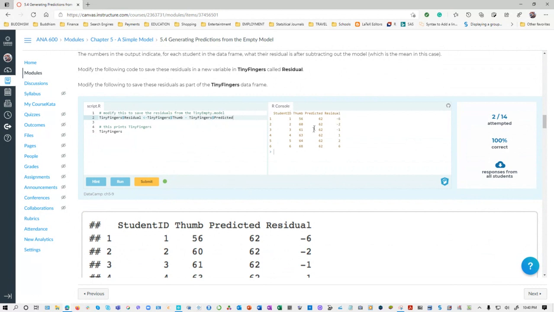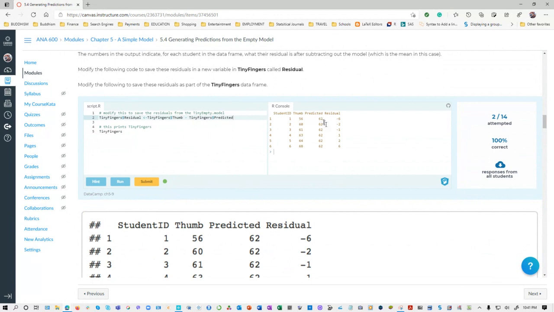Real value, predicted value. This predicted value means you're not predicting the seventh one. You are predicting as if your data was not collected, what would your thumb length be for the first student? 62. That's the prediction here.